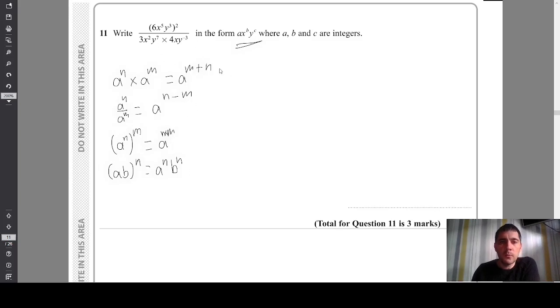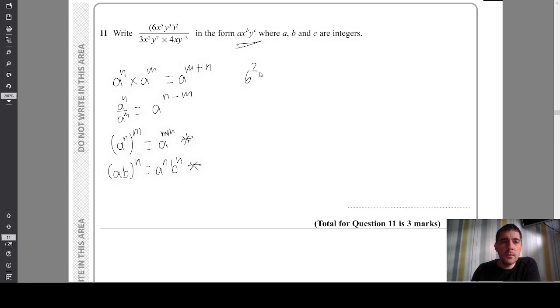Okay, so let's start with the numerator. So what it means, we've got 6 squared, using this particular law, and merge with this one.